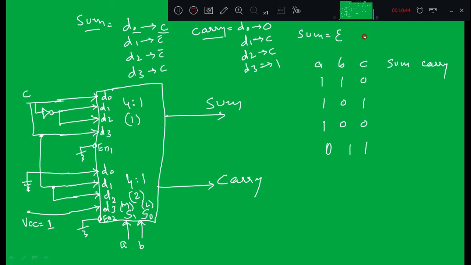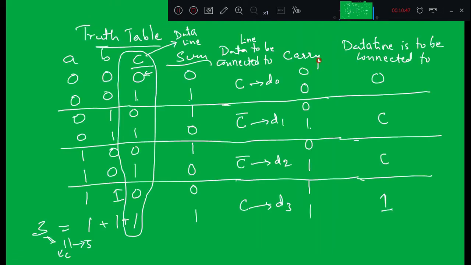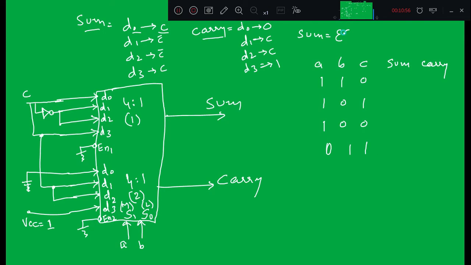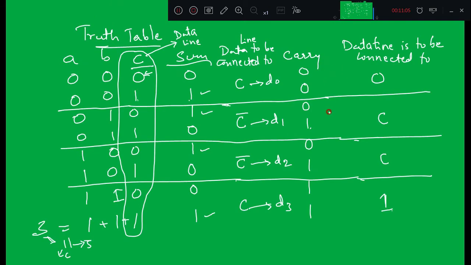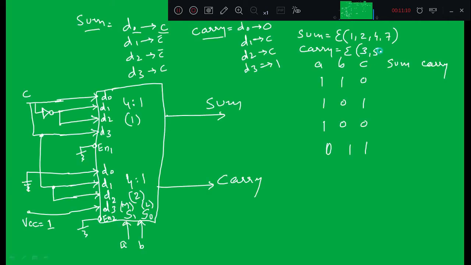For which combinations is sum high? 1, 2, 4, 7. And carry is high for which combinations? Let me check in the truth table. It is 3, 5, 6, 7. Okay, so for all these combinations sum should be high, and for all these combinations carry should be high.